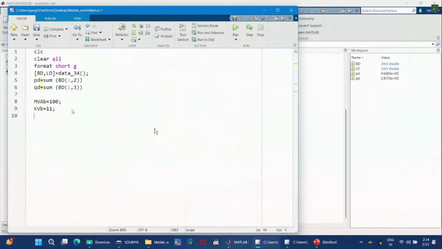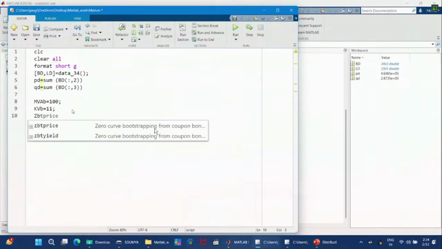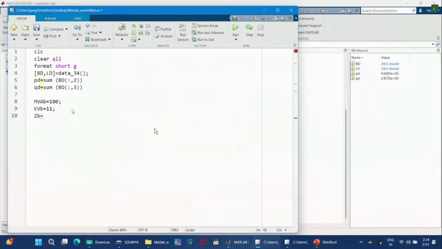Now what will be the value for ZB? It is supposed to be kV square by MVA. So based on that, we'll get the value for Z base.